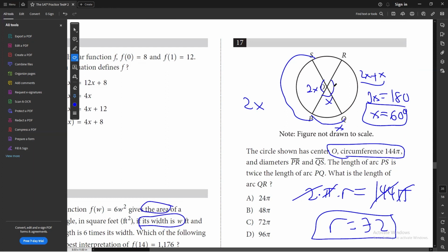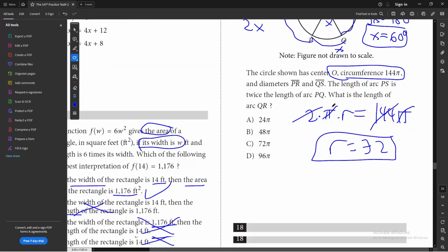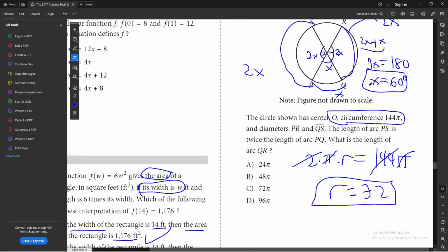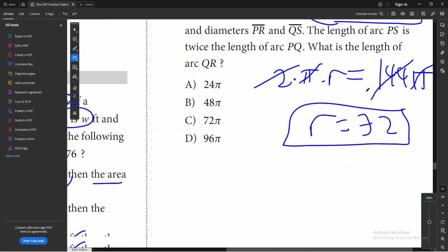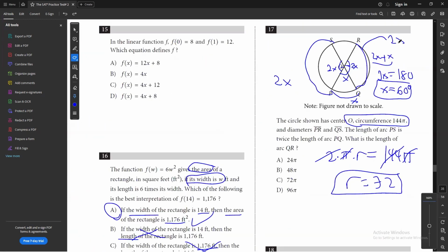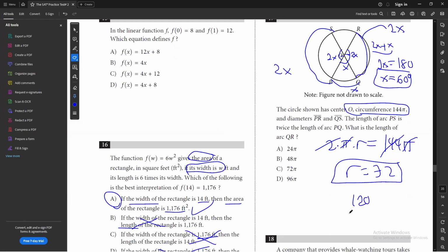Since these angles are opposite each other, we know that they have to be equal to each other. Therefore, this is going to be 2x, and RQ should also be equal to 2x. However, we know that x is equal to 60, so we have another formula. If our angle is 2 times x, it's going to be 120 degrees.